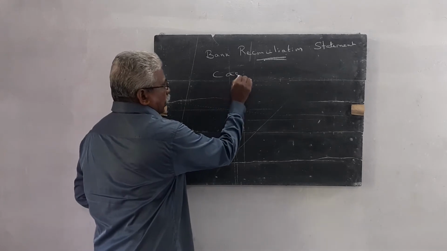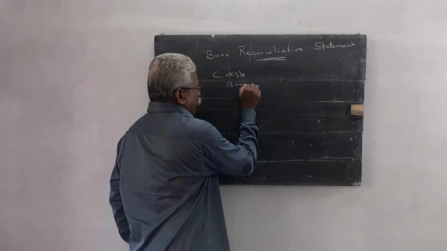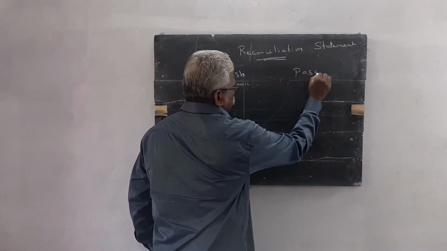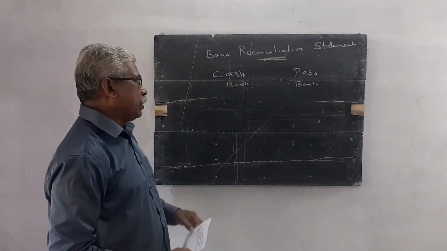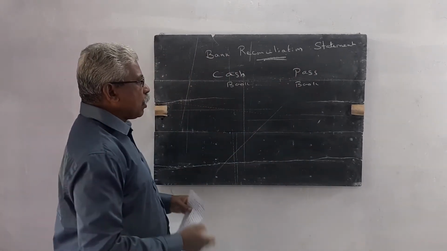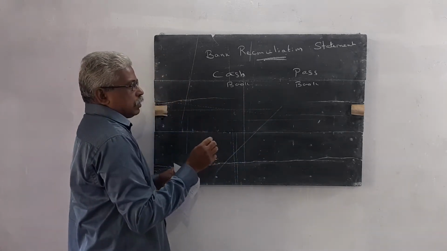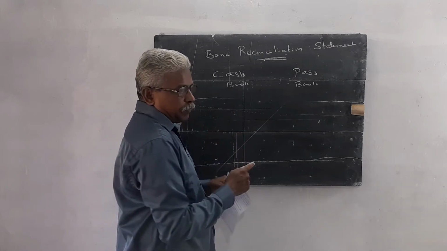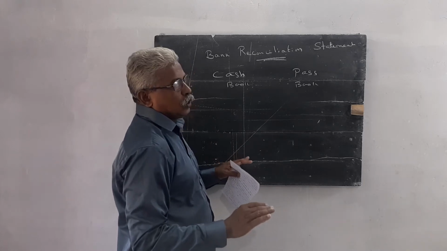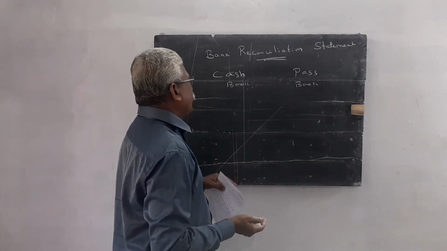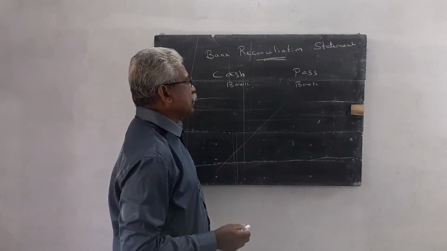We are going to compare the cash book and the passbook. The cash book bank column and the passbook should show the same value. If there is any discrepancy, we prepare one statement. That statement is called the bank reconciliation statement.